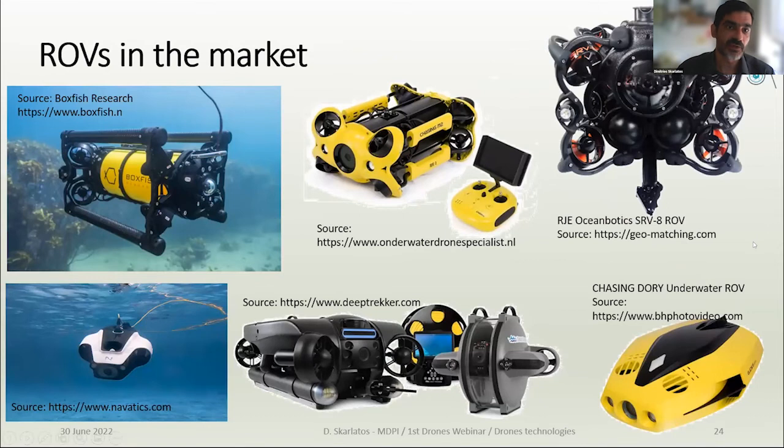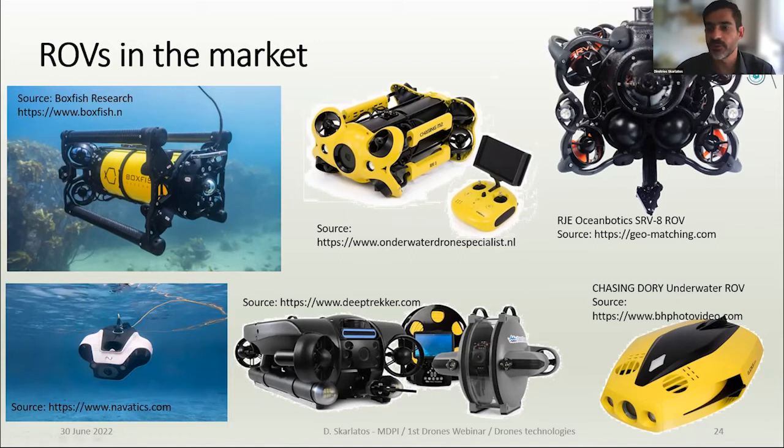Currently, there are many ROVs in the market, and the ones you see at the top, bottom, left and right are quite cheap, below 2,000 euros. They are recreational, let's say, ROVs. And then you have more expensive solutions climbing up to 10,000 euros, just the basic version of those ROVs.